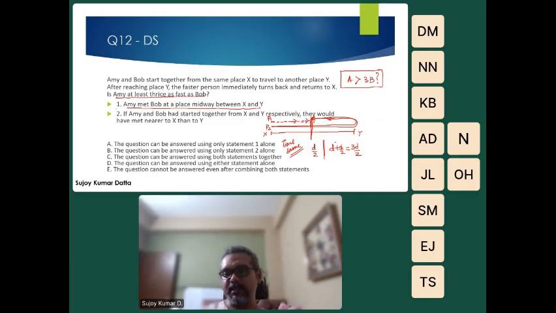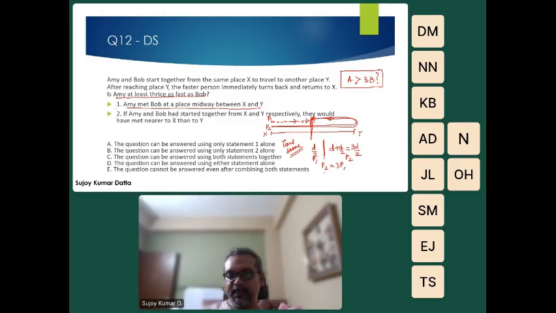That clearly means one is 3 times the other, so person 2 is 3 times person 1. The problem is, I don't know who is person 2 and who is person 1. The question is very specifically asking, is A greater than 3 times B?